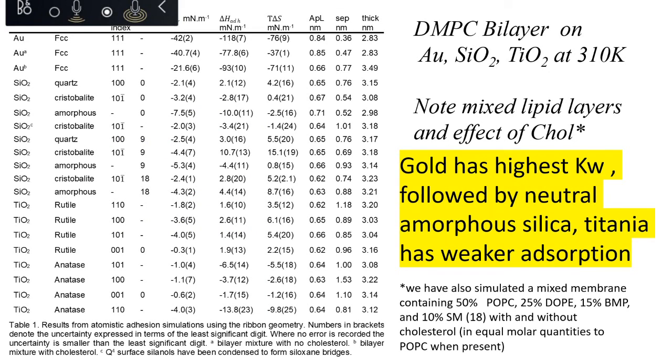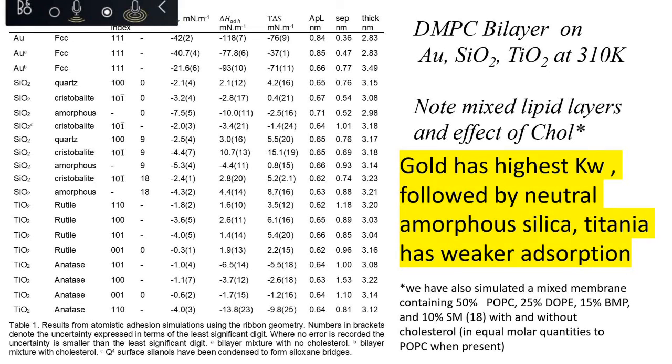Right, so the table that you see in front of you now is for a range of materials. We're still working on hematite, but what we have here is silica and titania, in various forms, different faces. For the moment, let's just consider the pure DMPC bilayer and look at the adsorption strengths. Well, the clear winner here is gold at the top with an adsorption KW of minus 42 millinewtons per meter. Very, very strong adsorption.